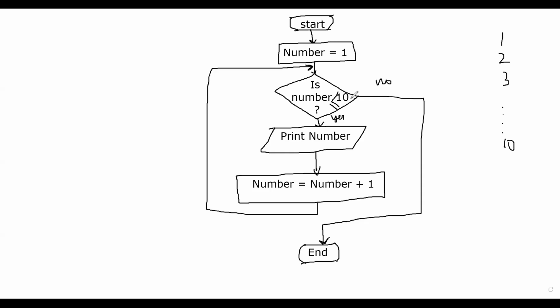In our case, we take it as number, and we initialize it to 1 in the beginning, and within the loop, we increase the number by 1. So it will print 1, next 2, then 3, and goes up to 10. When we print 10, the number plus 1, 10 plus 1, becomes 11. When the number is 11, you will come out of the loop.